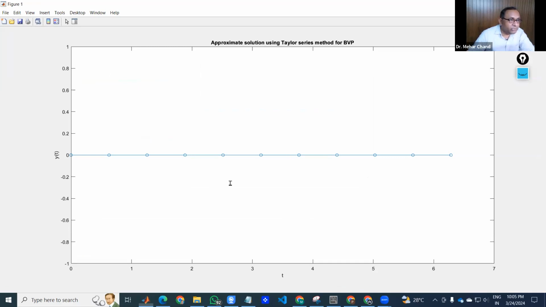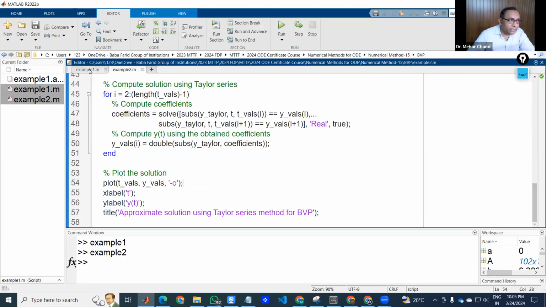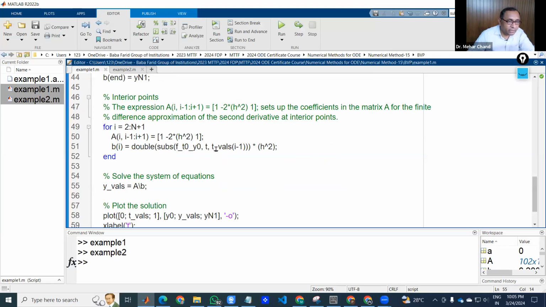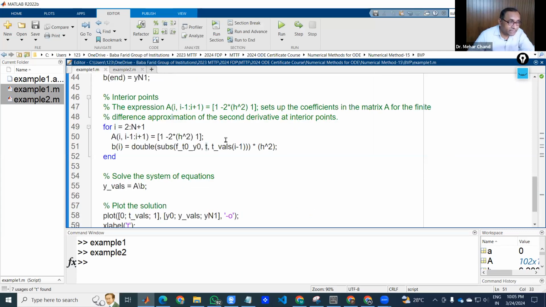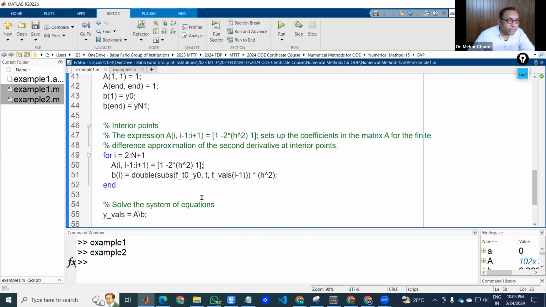So these are the two different approaches, and when you use them, there will be some challenge for the boundary value problem using the Taylor series. But if you try carefully, this will be clear. If you still have a challenge, you can discuss again with me.